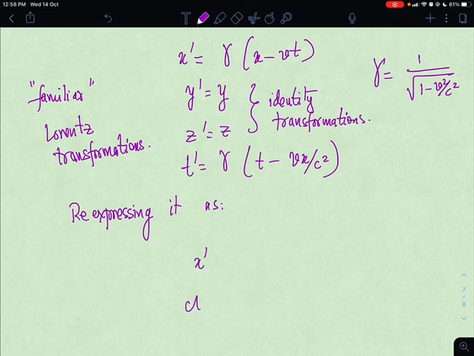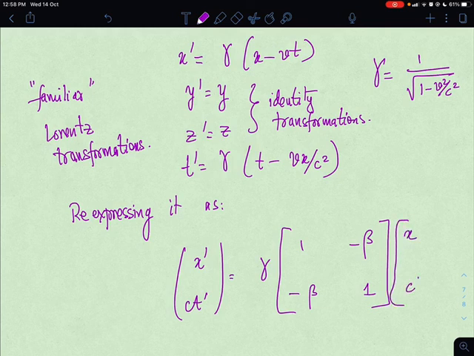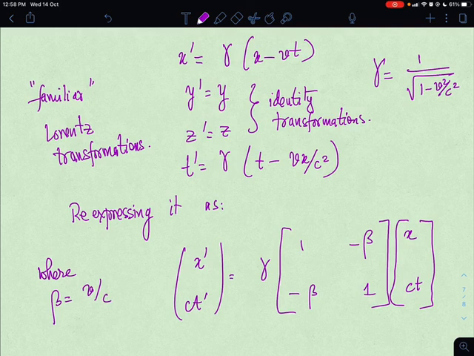So (x prime, ct prime) is equal to gamma times the matrix (1, minus beta; minus beta, 1) acting on (x, ct), where beta is nothing but v by c.